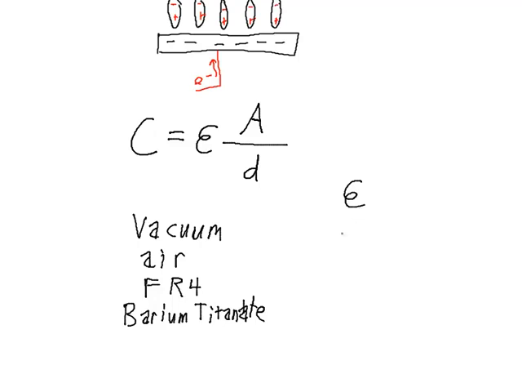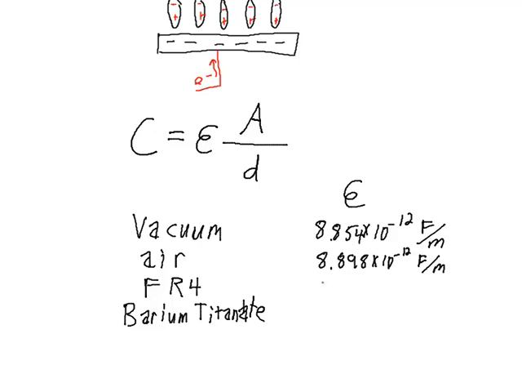The permittivity for a vacuum is 8.854 times 10 to the minus 12 farads per meter. Let's go to four sig figs there. Air is a little bit better dielectric than a vacuum, at 8.8898 times 10 to the minus 12 farads per meter.